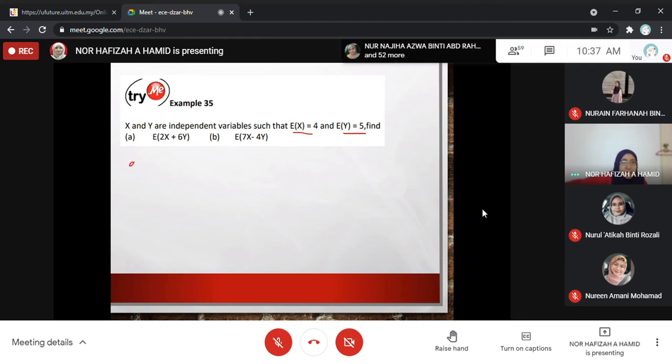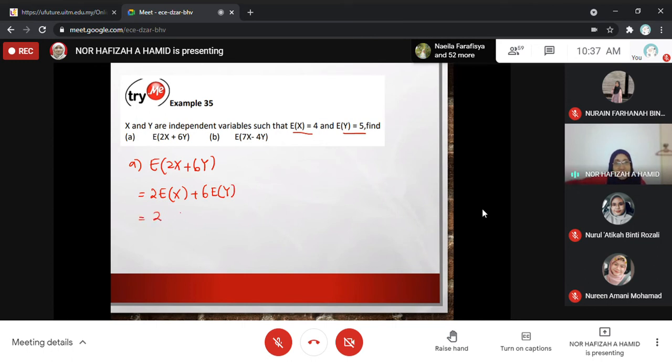So for A, we have E of 2X plus 6Y. So also equal to, I apply the rules, you get 2Ex plus 6Ey. So equal to 2, Ex is 4, plus 6, Ey is 5, and you will have 38.